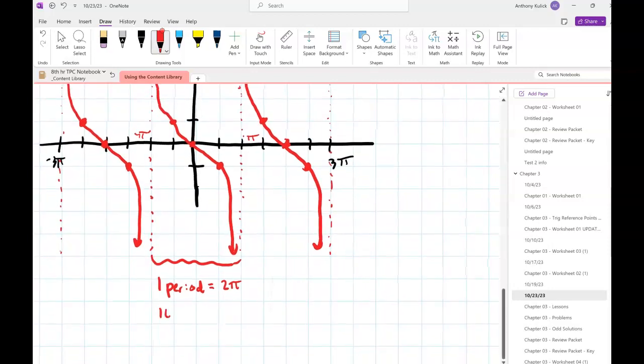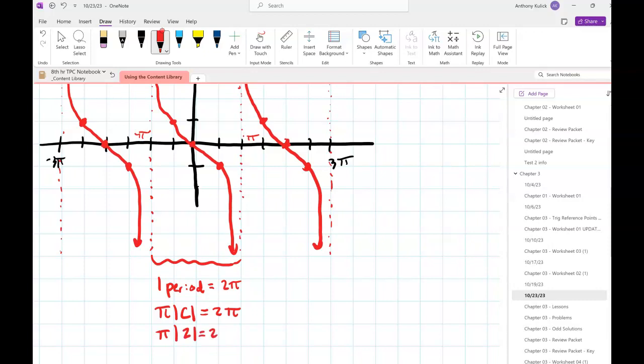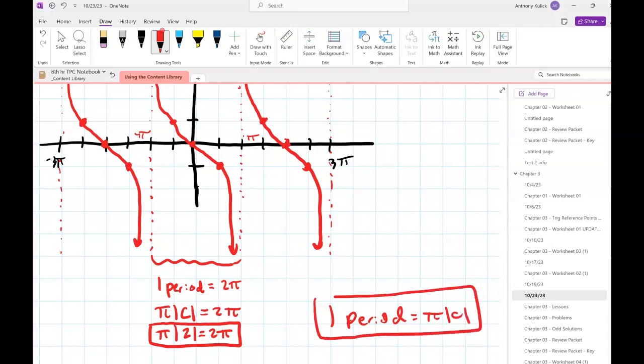So what are we getting here? Well, the fundamental period for tangent is pi. So to get to 2 pi, we must have been pi times c. So unlike sine and cosine, one period for tangent is pi times the absolute value of c.